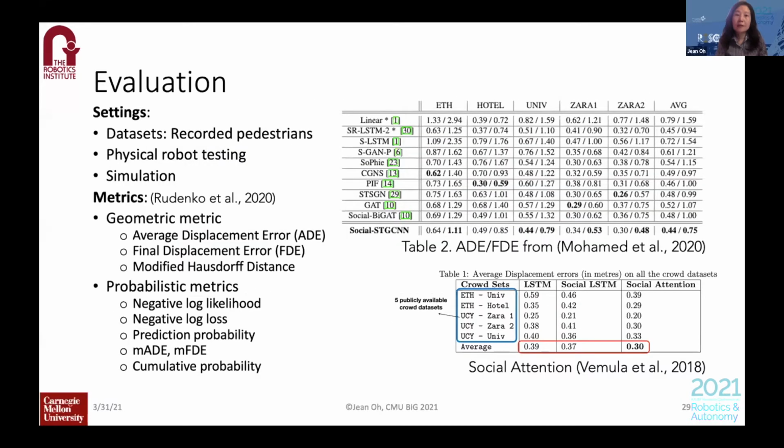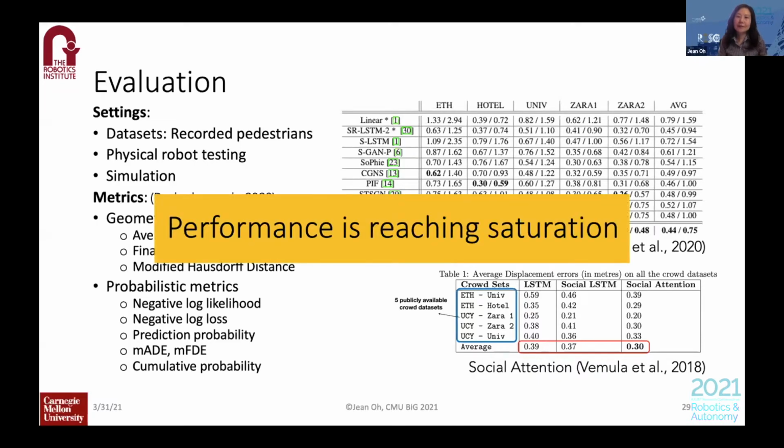When I said there was no clear winner, it's because the performance on the current evaluation benchmarks is reaching the saturation point. We see very, very minor improvement, but all the algorithms are working well.